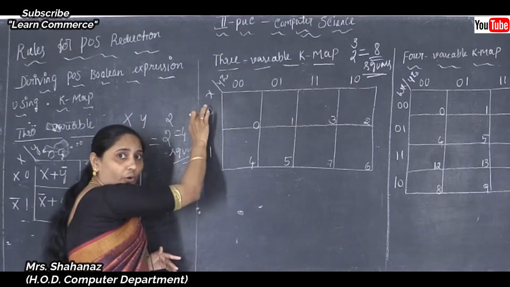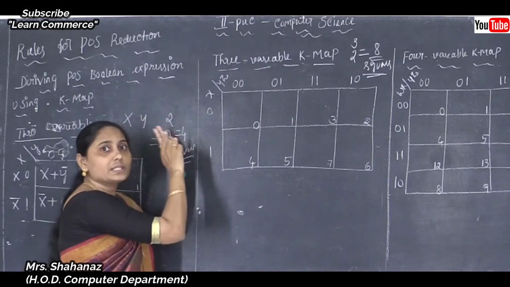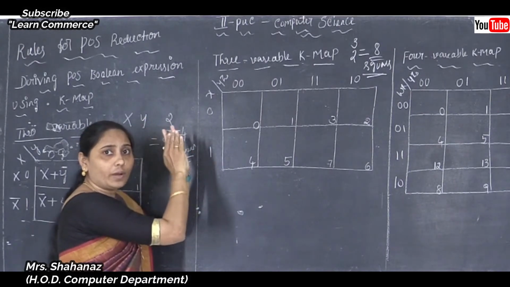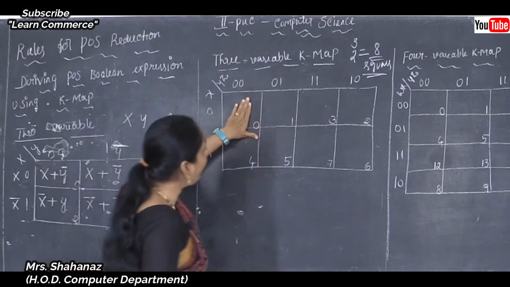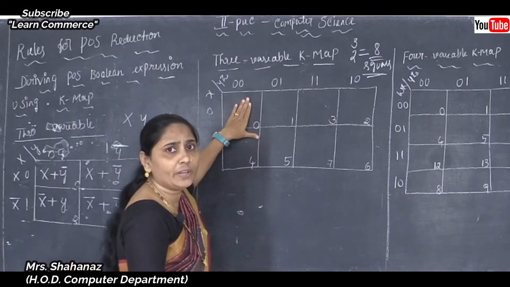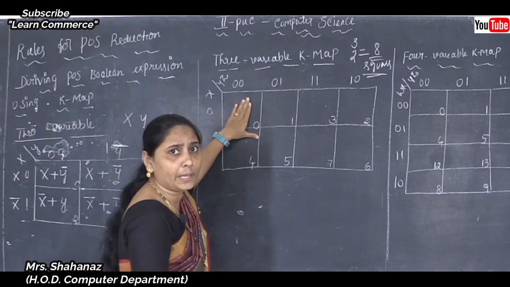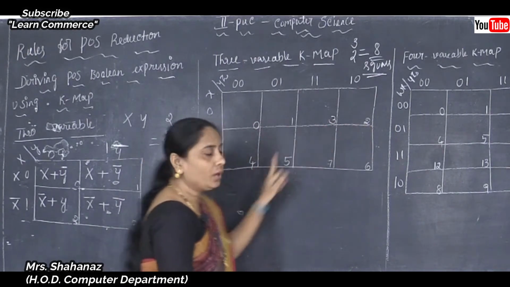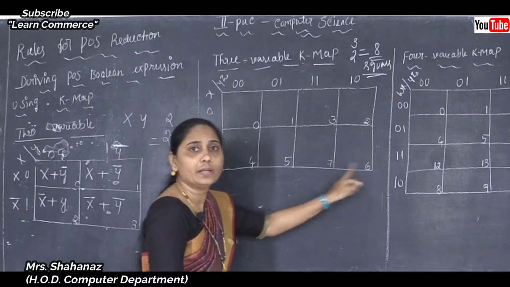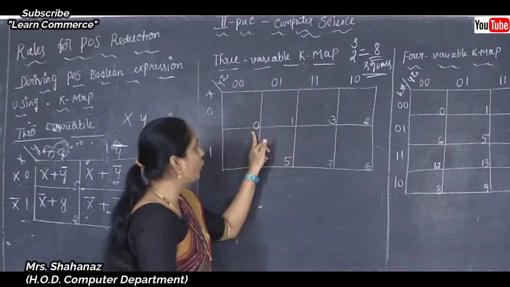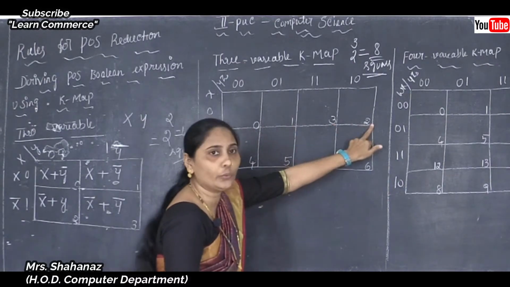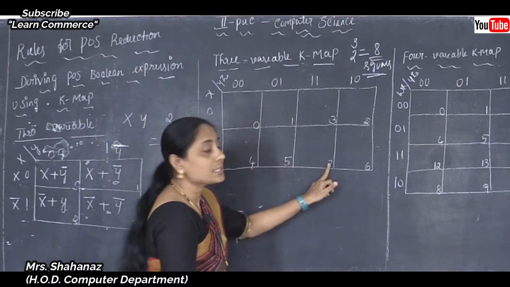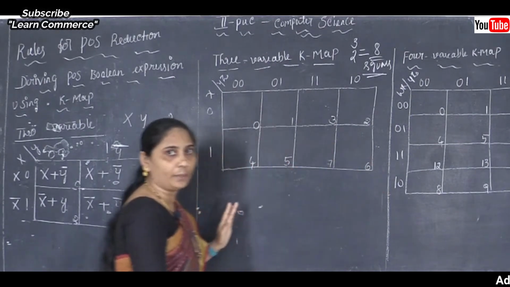Clear? But at the top 0 0, 0 1, 1 1, 1 0. And we need to notice the numbering scheme is 0, 1, 3, 2, 4, 5, 7, 6. Clear? 0, 1, 3, 2, 4, 5, 7, 6. So this is the numbering scheme.